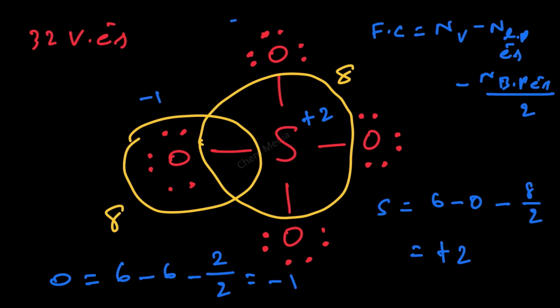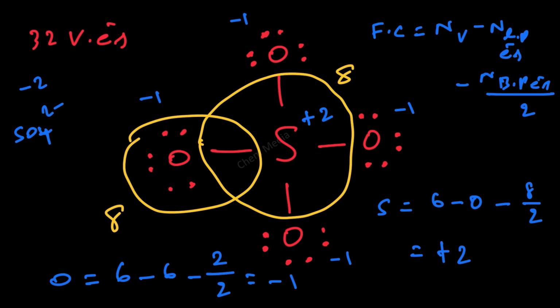So each oxygen has a -1 formal charge and sulfur has a +2 formal charge. The net charge we are getting, if we sum up all the charges, we would get -2, SO4 2-. So we are getting the net charge.